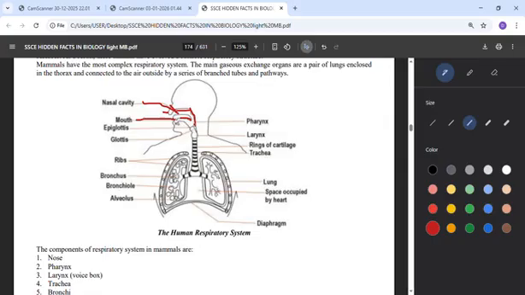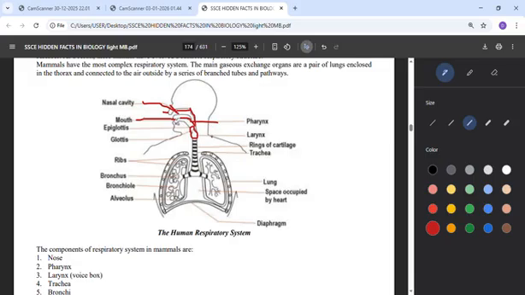Then there is a meeting point called the pharynx. The pharynx is the first meeting point. From that pharynx, if you come down a bit, you see a covering called the epiglottis. This epiglottis prevents food from entering the trachea.